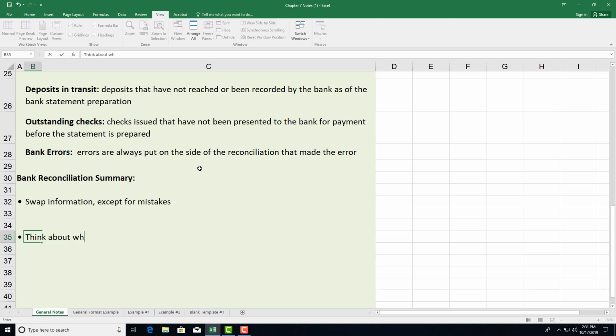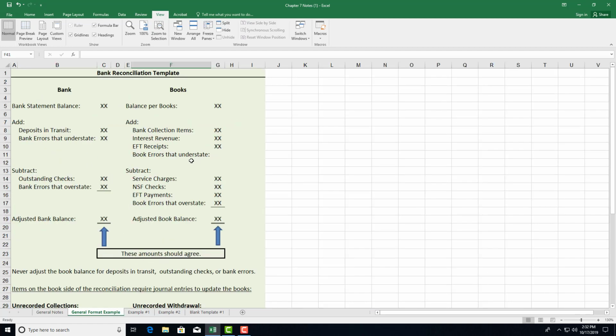So think about who knows about the information first, and put the adjustment on the opposite side. And I'm about to explain to you what that means as we go through a bank reconciliation example.